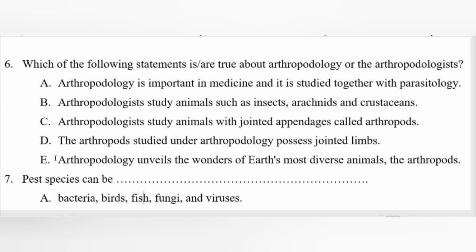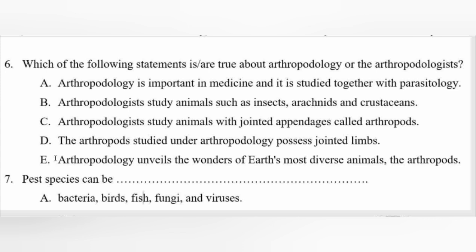The C says anthropologists study animals with jointed appendages called arthropods. The D says the arthropods studied under anthropology possess jointed limbs. And then E says anthropology unveils the wonders of Earth's most diverse animals, the arthropods. So which one is your best answer? I think you need to choose your best answer or answers before we can proceed to choose ours.